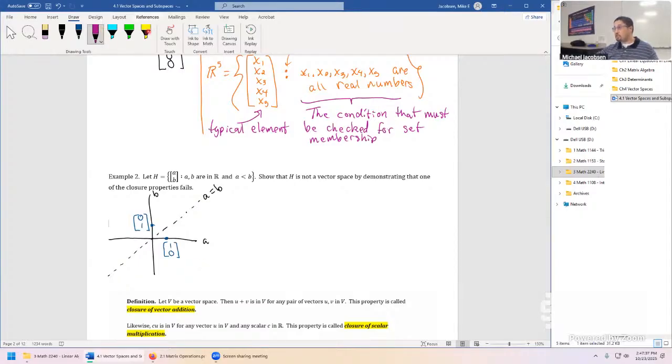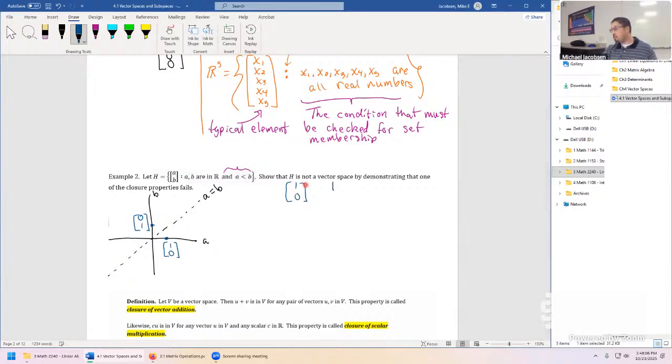So what we look into is the set membership condition. We're only picking real numbers, so this part is definitely something we don't have to check as carefully. I'm not going to put in a complex number here and try to plot it in the plane. But the thing we do have to check is this part, A less than B. So let's look into, say, that vector, 1, 0. A is playing the role of the first entry, B is playing the role of the second entry.